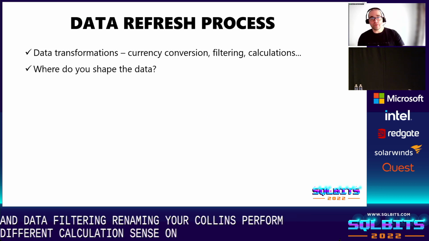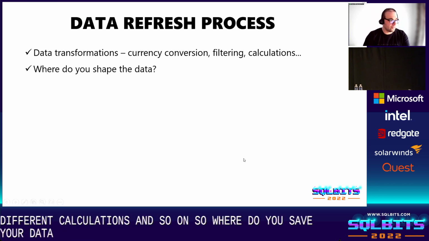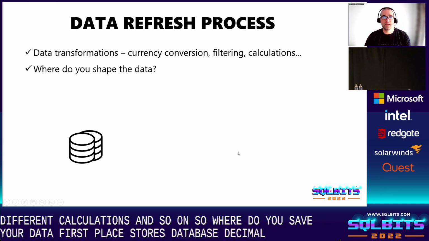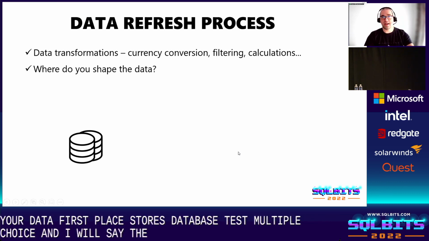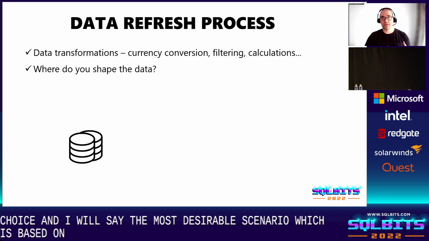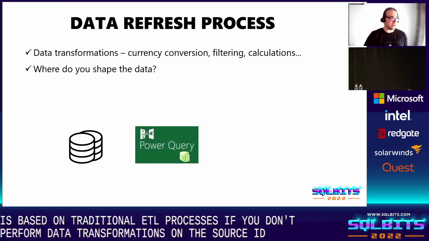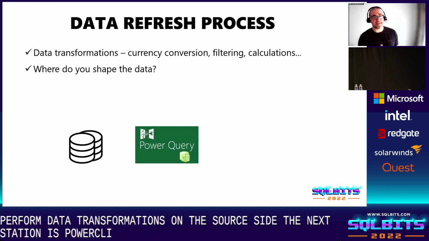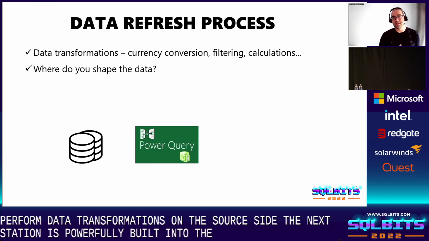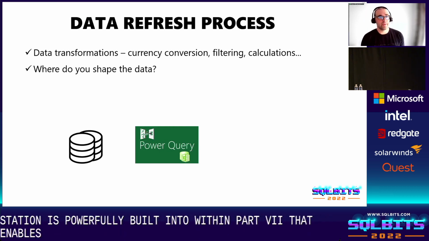So where do you shape your data? First place, source database, that's the most obvious choice, and I would say the most desirable scenario, which is based on traditional ETL processes. If you don't perform data transformations on the source side, the next station is Power Query. Power Query is the built-in tool within Power BI that enables you to perform all kinds of transformations to your data.